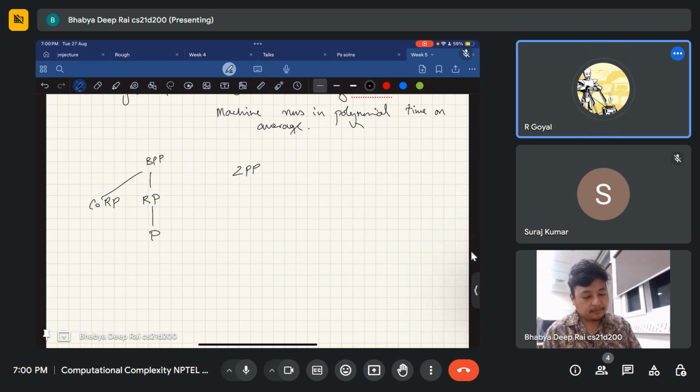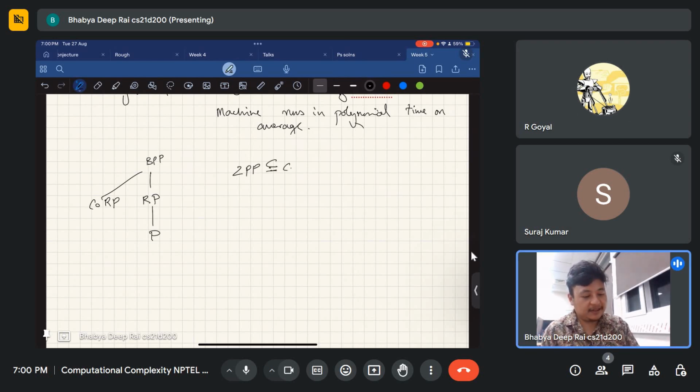So I think ZPP would be the intersection of coRP and RP. Right. ZPP is contained in coRP intersection RP. In fact, you can improve this to ZPP is equal to coRP intersection RP. ZPP is equal to RP intersection coRP.